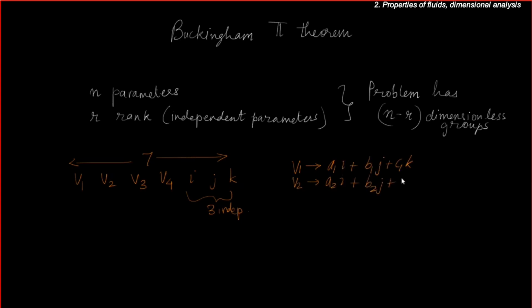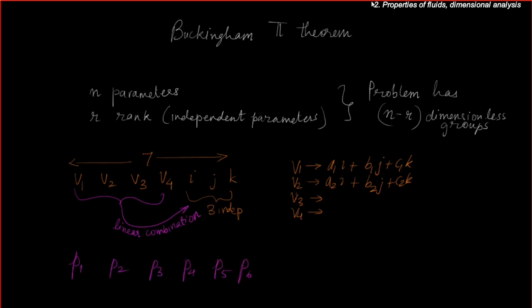A general method was proposed by Buckingham, and the theorem is famously called the Buckingham pi theorem. In this theorem we have n parameters, and if the rank of the dimensional matrix is R, then the problem has n minus R dimensionless groups.